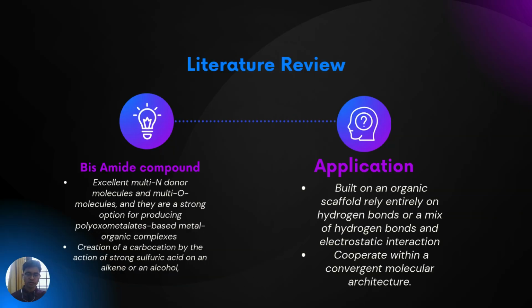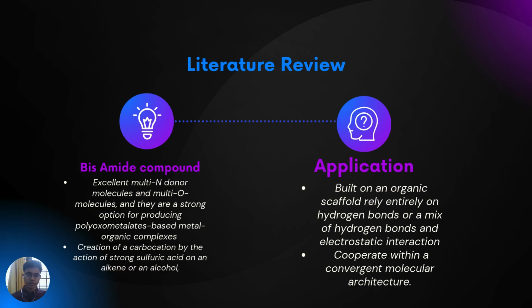So the second part is the literature review. We have a few general important points that we need to talk about. First one, bisamide compounds are excellent multi-donor and multi-acceptor molecules, and they are a strong option for producing polyoxometalate-based metal organic complexes.